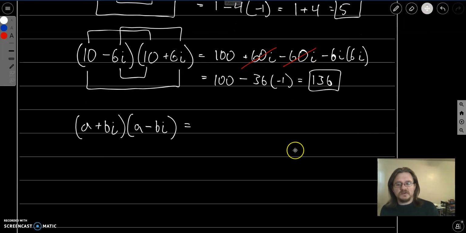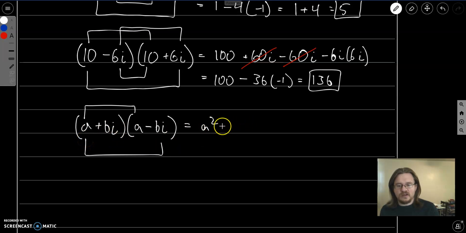And let's do this one so that we can see exactly what pattern is happening here. If I take the first terms, that's a times a, so that's a squared. If I take the first times the last term, that'll be a times negative bi. I've got the inner terms, so this is going to be a times bi. And then I've got the last terms, bi times negative bi.